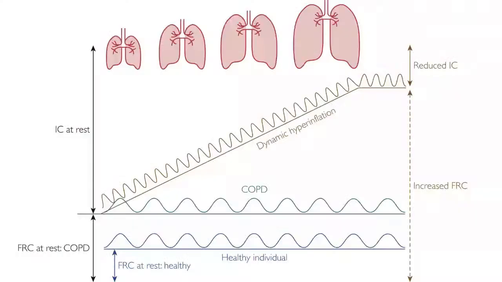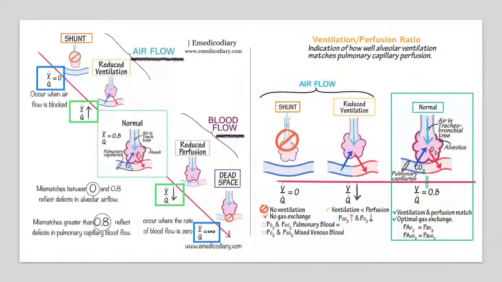You need them. As you can see, there's reduced inspiratory capacity. You have increased functional residual capacity because you're trapping air. So that means you don't have as much functional air to exchange, but you're just trapping this dead space air. That's the only point I wanted to illustrate there.